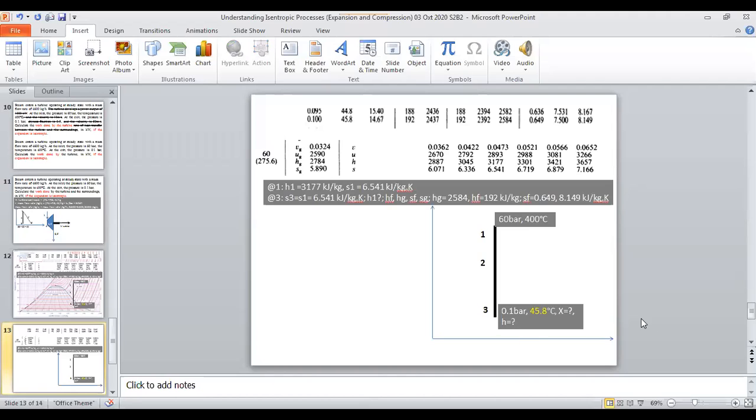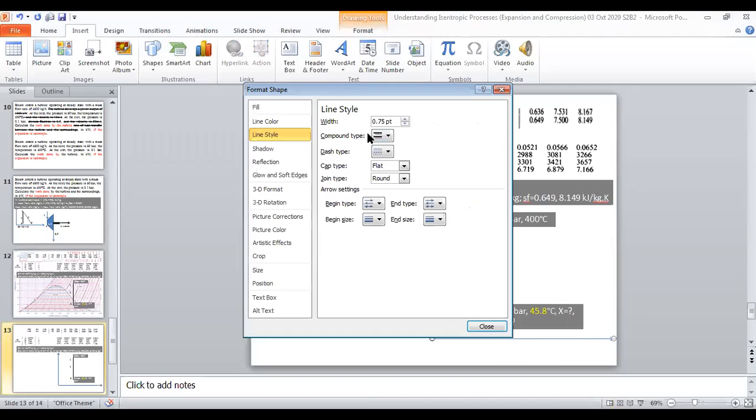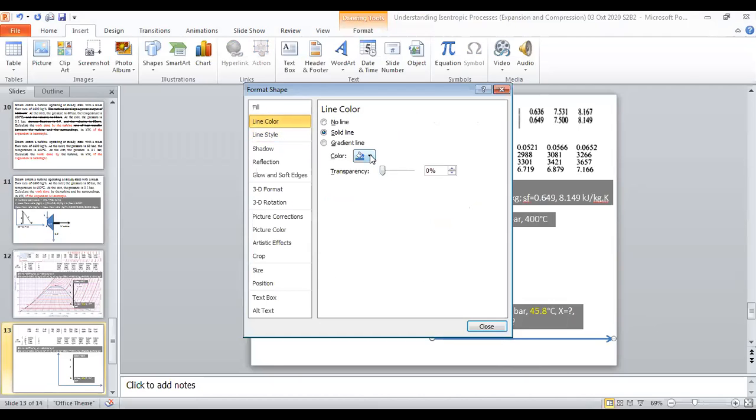Quite simple. And still you can check whether this is wet or superheated. It's still possible. That's why it is not necessary to look into those T-S graphs.